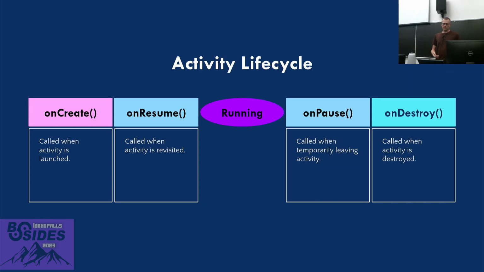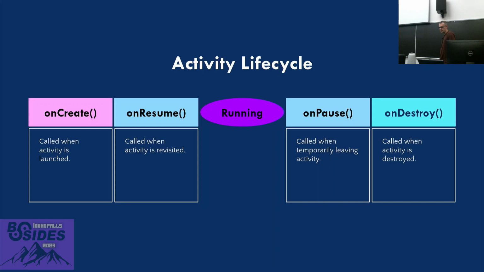YouTube might want to check whether you're still on Wi-Fi. If you've set up YouTube to only play HD videos on Wi-Fi, and you're now on mobile data, maybe it wants to lower the resolution before it resumes the video. That's an example of onResume. It's also a method that we can send data to. It's less useful, but I've included it here just for reference.